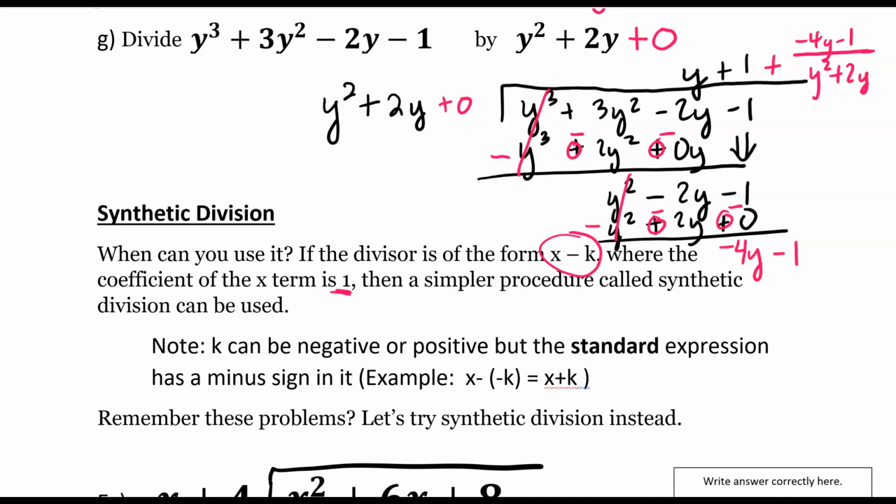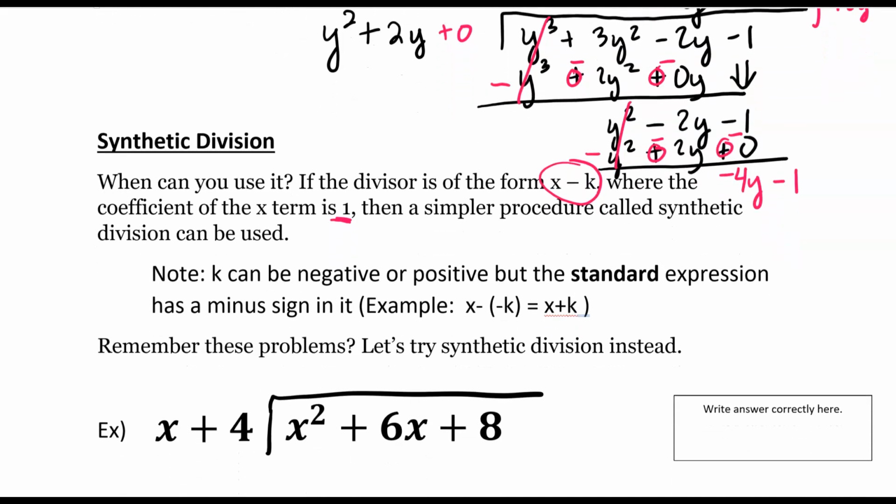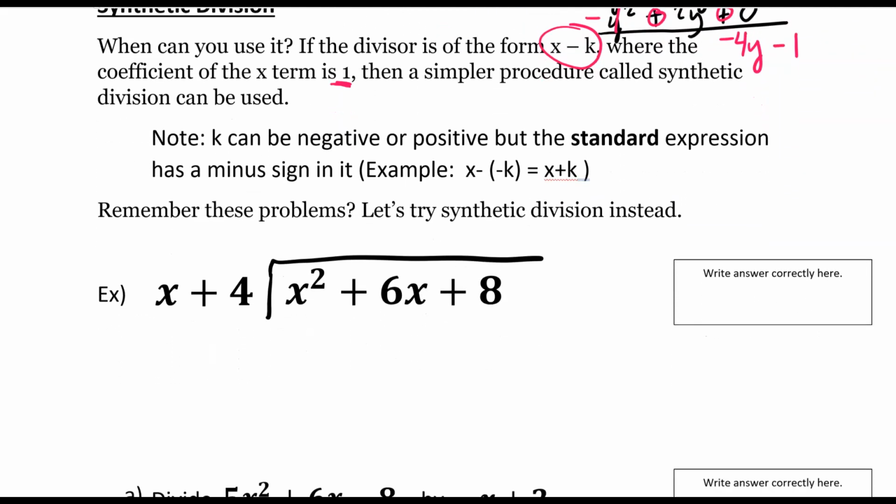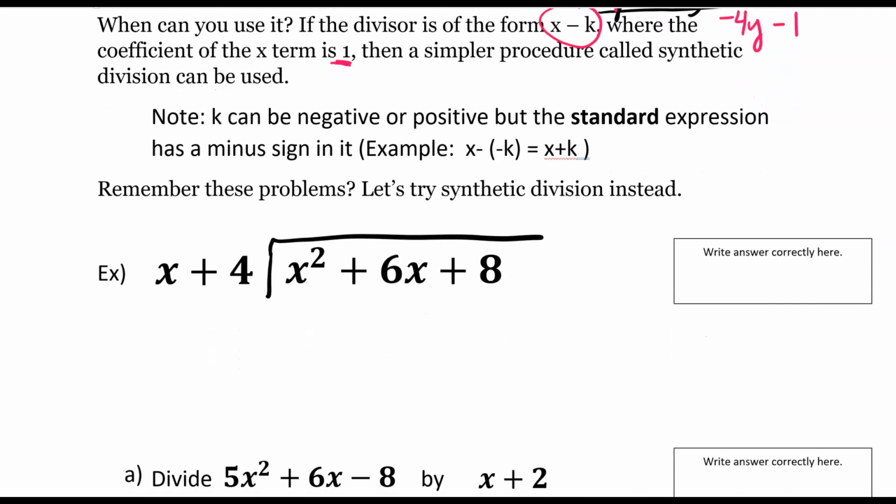For example, x plus 4 divided into x squared plus 6x plus 8. We can use synthetic division on this because this is a 1x to the first power. So as long as your leading coefficient of the x term is 1 in the divisor, you can use it.